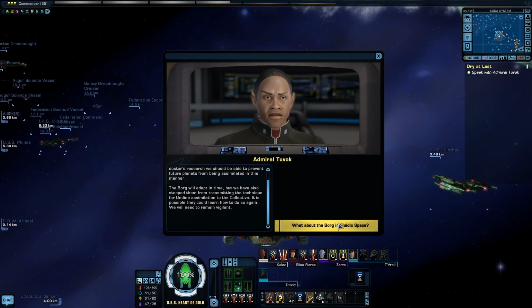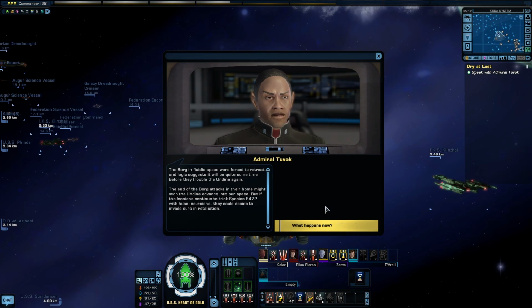What about the Borg in fluidic space? The Borg in fluidic space were forced to retreat, and logic suggests it will be quite some time before they trouble the Undine again. The end of the Borg attacks in their home might stop the Undine advance into our space. But if the Iconians continued to trick Species 8472 with false incursions, they could decide to invade ours in retaliation.